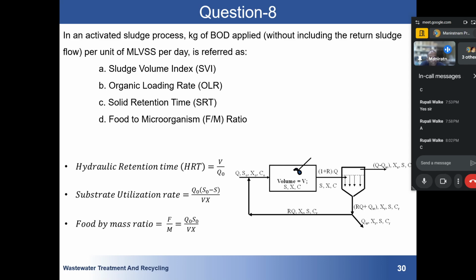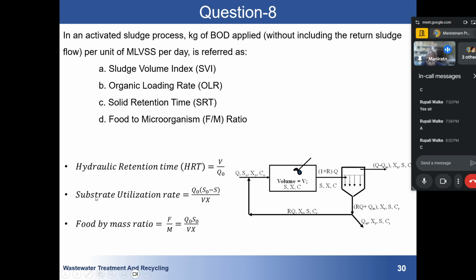Different terms have been defined. One of the most common is hydraulic retention time, meaning how much time the waste will be in this tank. That is simply V by Q naught, the volume of the tank divided by Q naught. This helps in the design of our biological reactor.